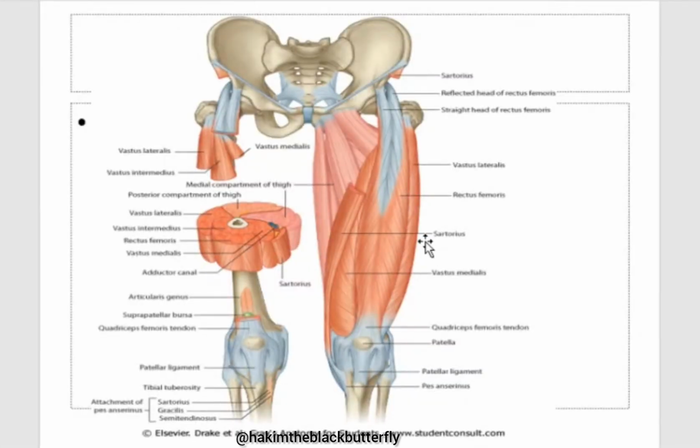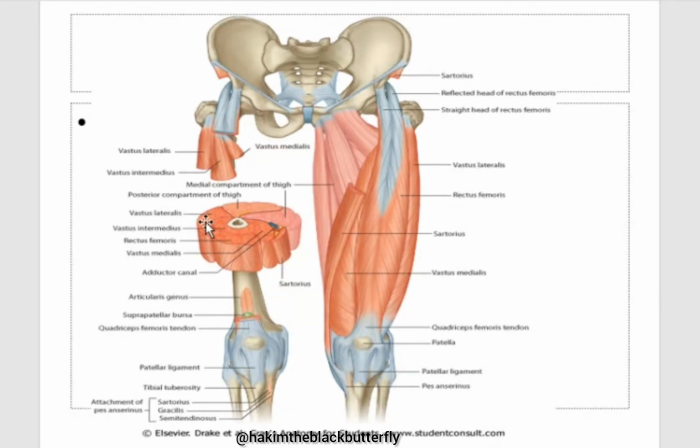So those are the muscles of the anterior compartment of the thigh. When you make a transverse section through the thigh, you're going to see the rectus femoris there. Deep to it is the vastus intermedialis.